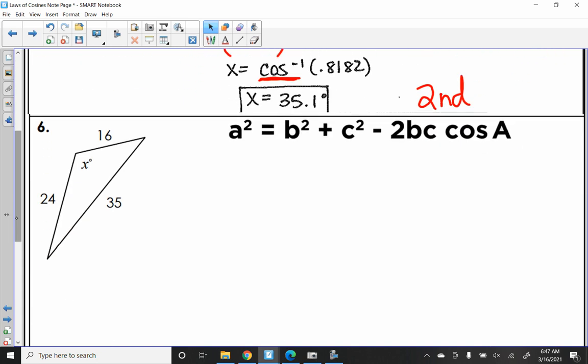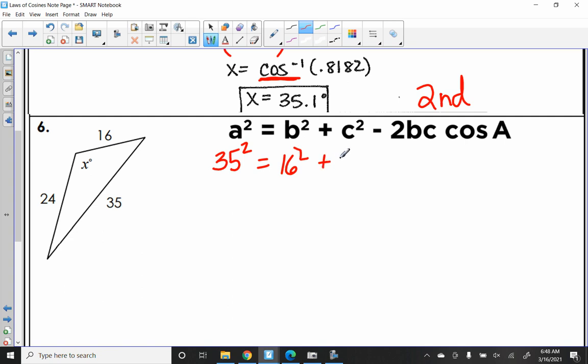Okay, so setting this up, I have my a is 35, it's across from x, equals, my b would be my medium, and then I'm going to say 24 is my biggest side, what's left. 2 times b is 16, times 24.